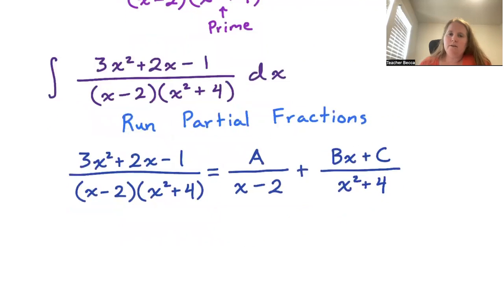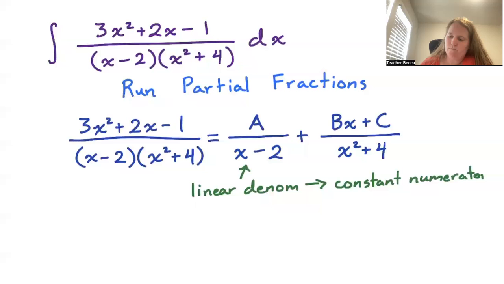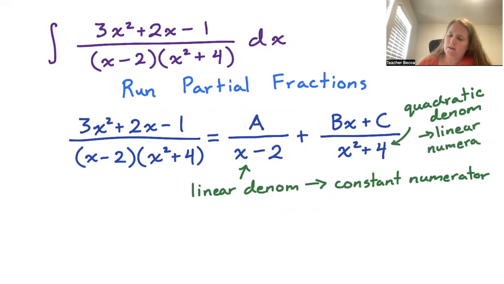So if we have a linear denominator, then we can do a constant numerator. Versus if we have a quadratic denominator, then we do a linear numerator. Essentially, the numerator is 1 degree below the denominator.